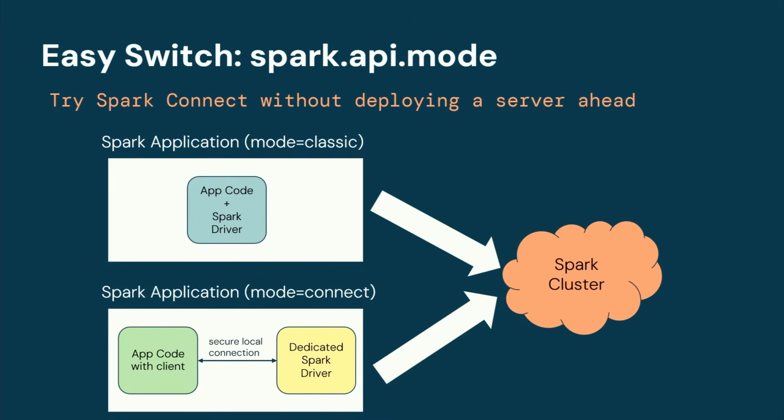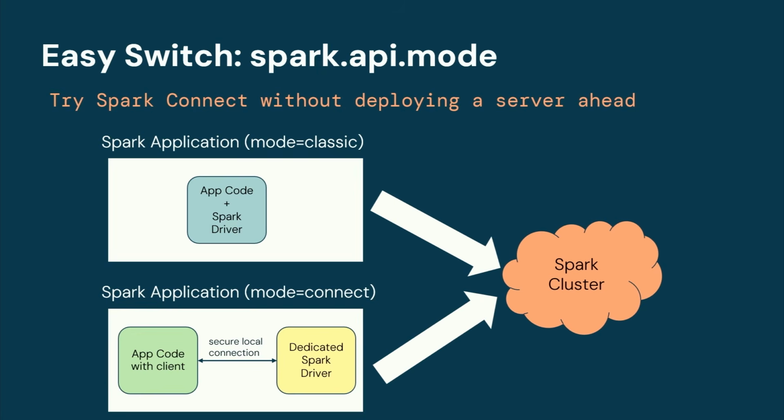We know that getting started with a big architecture change is very painful. It's a very big change that you have to redeploy your Spark applications with a different architecture. So in Spark 4.0, we make it easier by adding this new flag, spark.api.mode. This will let you turn on Spark Connect without deploying a server beforehand.